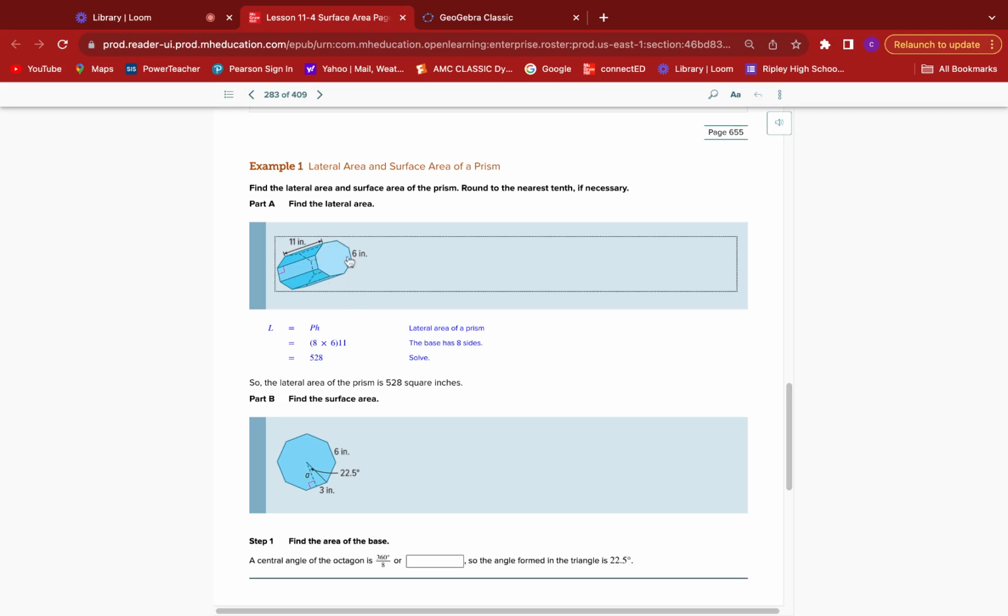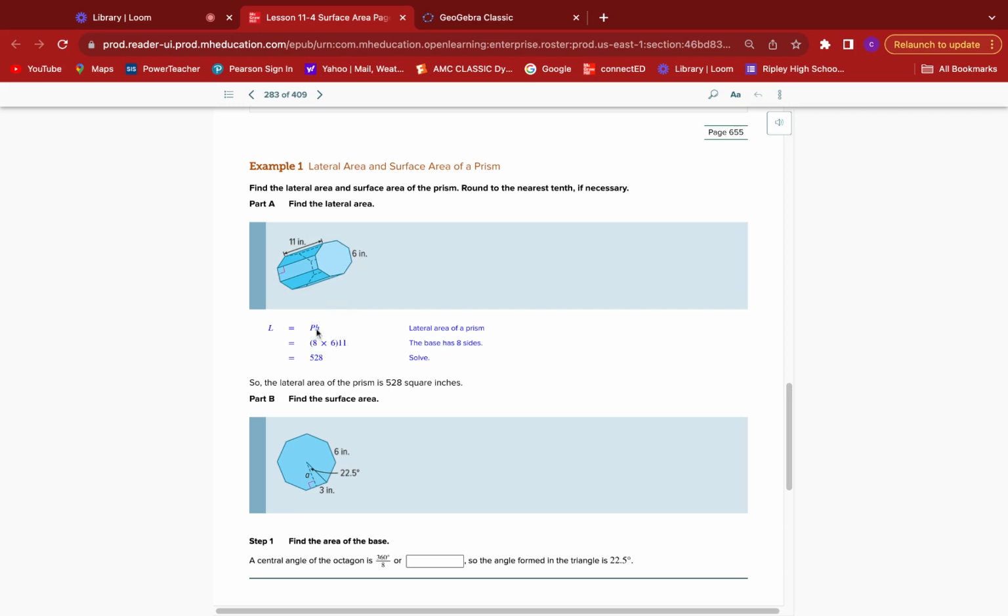Looking at this octagon, it has 6 equal sides, so you're going to add up 6, 8 times, or basically 8 times 6. That gives you 48, because they're all 6 and there's 8 of them.